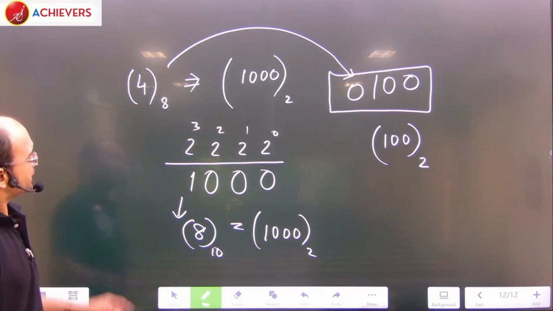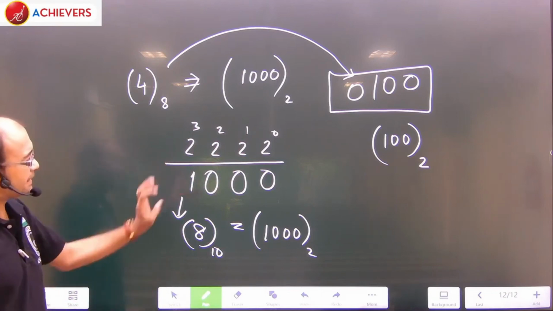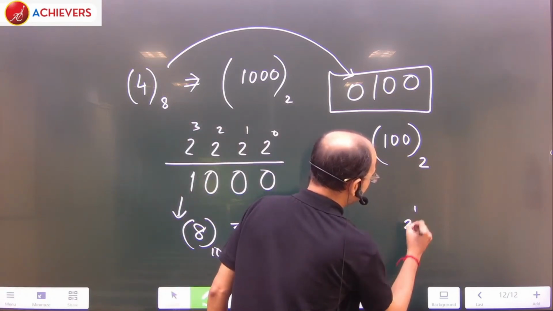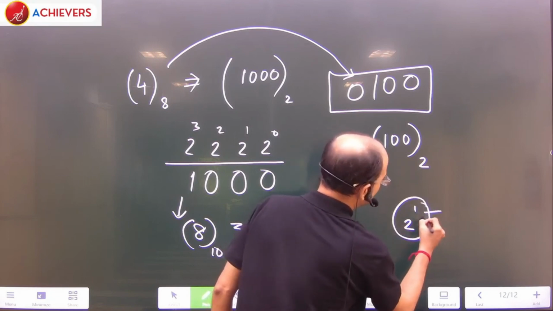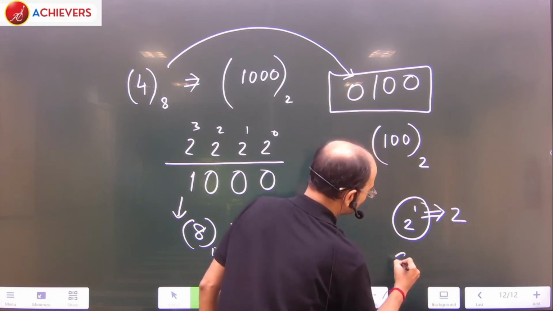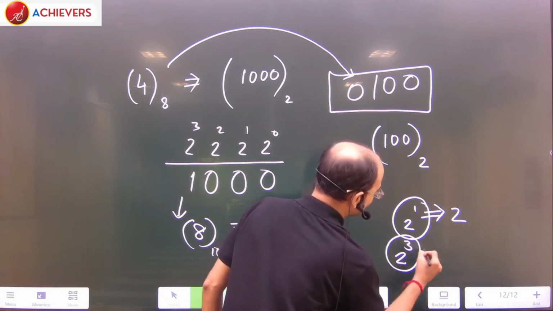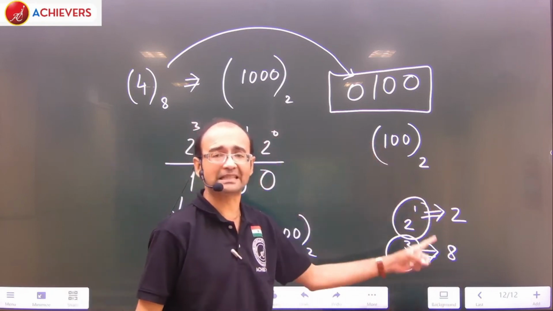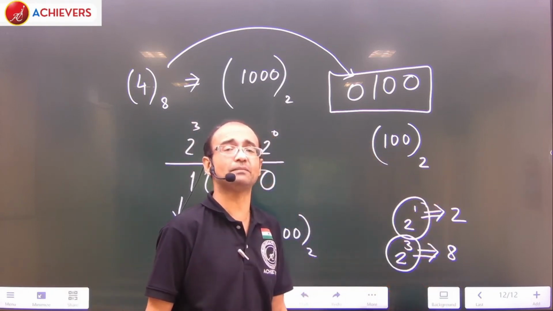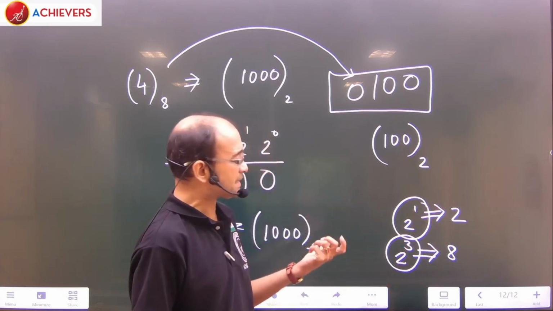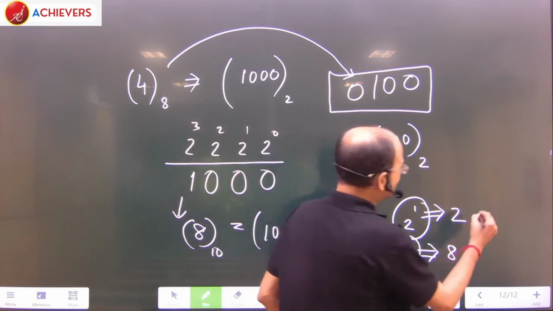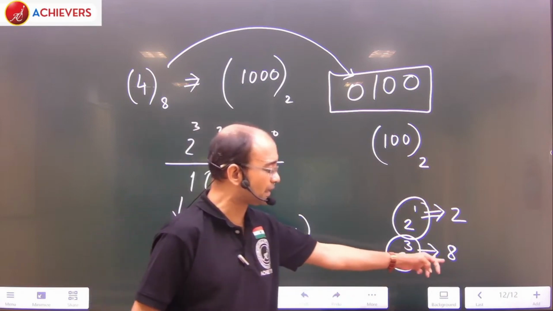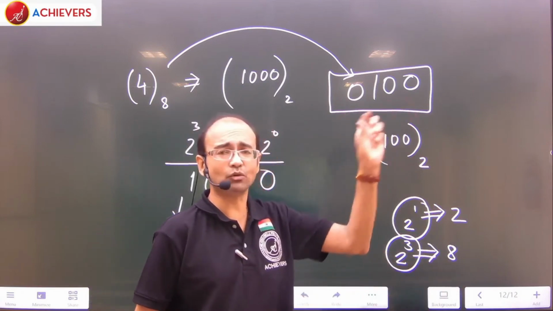Here what we can see is that 2 to the power 1 is related to base 2, and 2 to the power 3 is related to base 8. So what is the relation between base 2 and base 8? We can represent 8 based on 3 different digits at most. Any octal number can be represented from 0 to 7.